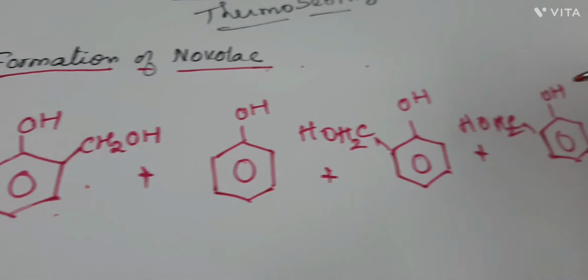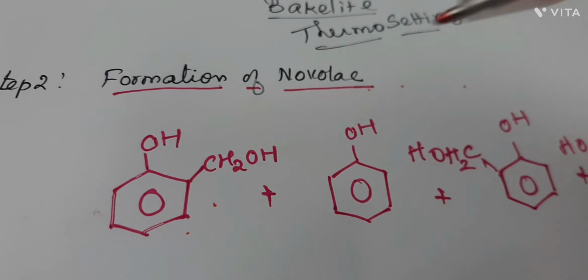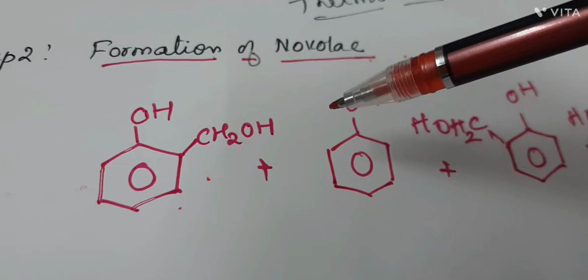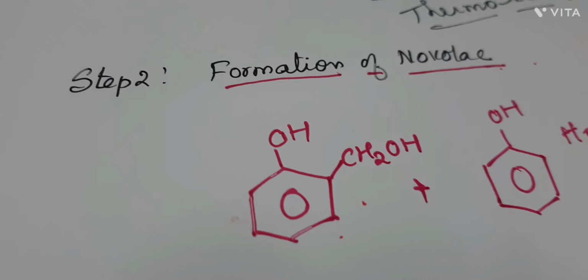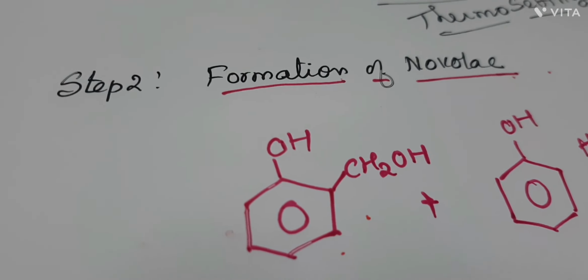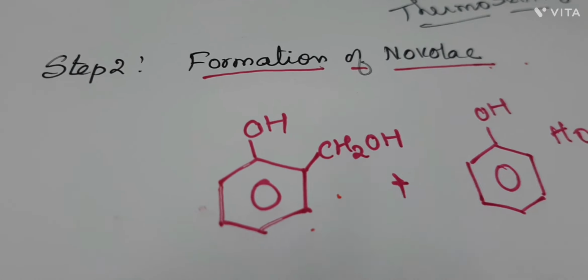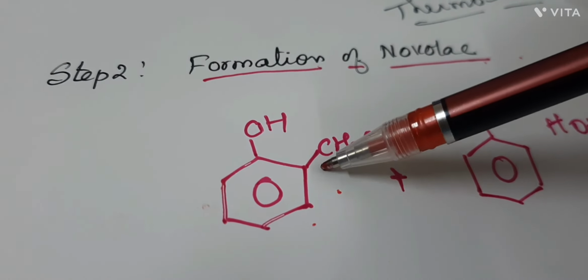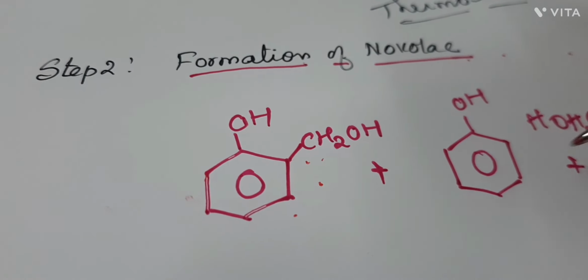Now what happens when phenol reacts with this monomethyl phenol, water is removed. Okay, so there will be a hydrogen atom at all the positions except at the carbon that is attached to OH.